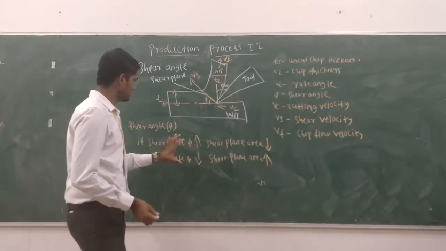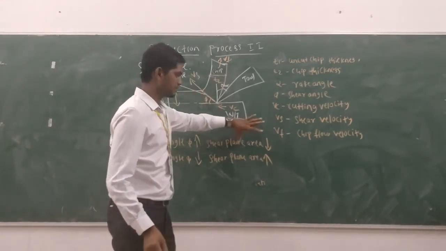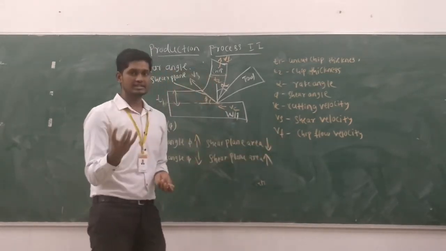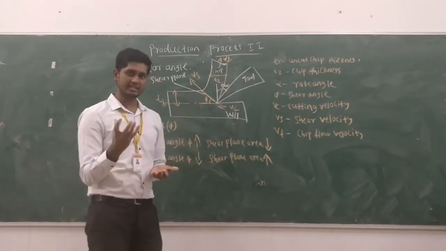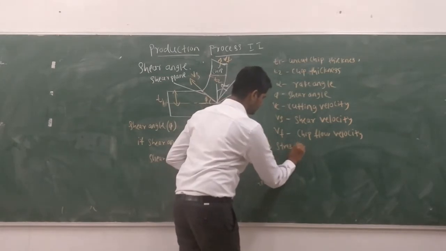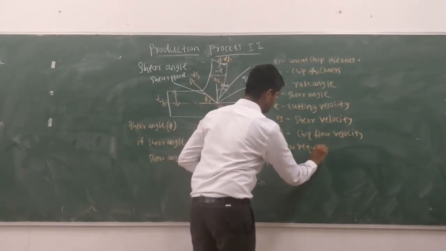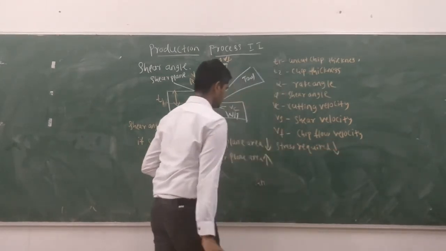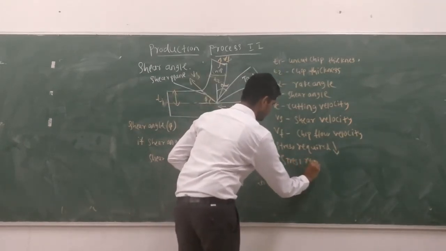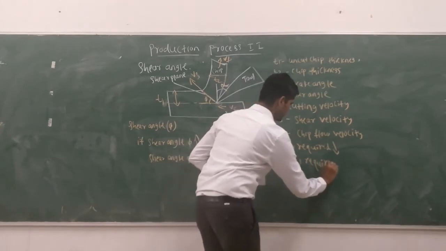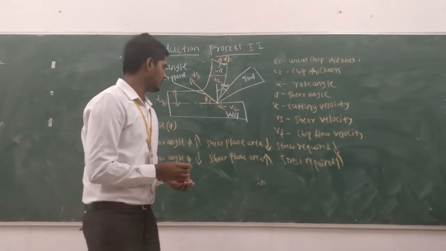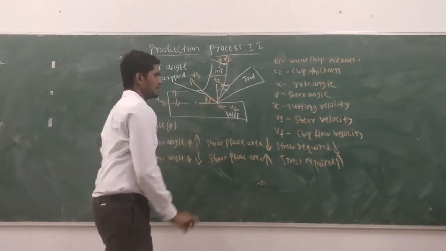The first condition: if the shear angle increases and the shear plane area decreases, then the amount of stress required to perform a shearing action will be less. In the other case, the stress required will be higher, because a larger area means you need a large amount of stress to perform the shearing action.